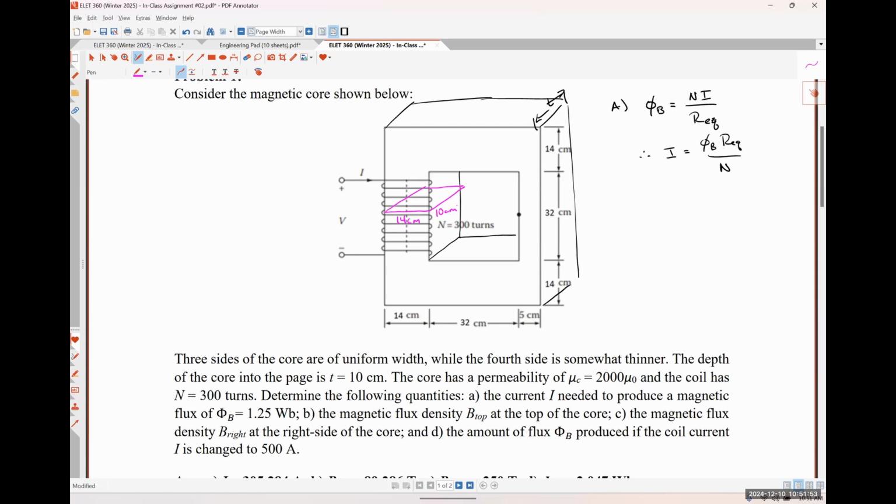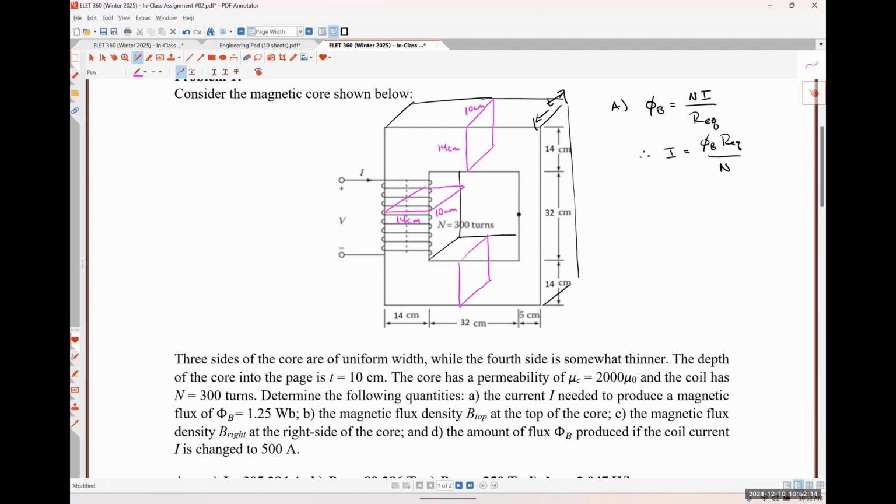So that's our cross-sectional area for that particular leg. If we look up here, we have 14 centimeters times 10 centimeters. So that's pretty good, except for that rightmost leg.